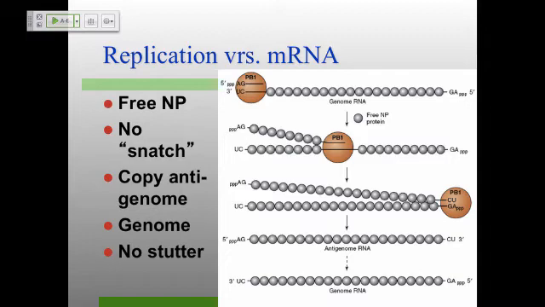If you have free NP protein, that binds to the RDRP and basically says, hey, stop snatching and don't stutter anymore. And in that process, you end up just making first anti-genome sequence, because you've got negative strand, then you make the positive strand, and then that positive strand gives you template to make your negative strand.